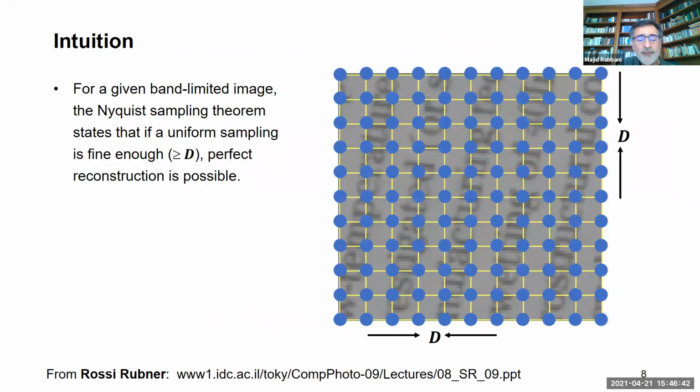Theoretically, again, these are borrowed from Rossi Rubner's slides, because he gave a very nice presentation. You could download it from the web. It's a very simple way to build the case for why super resolution is possible theoretically.